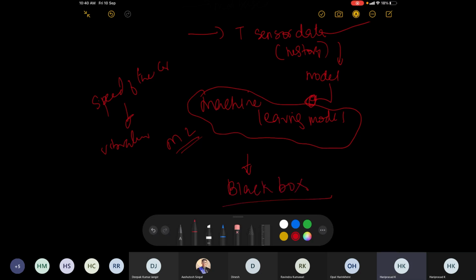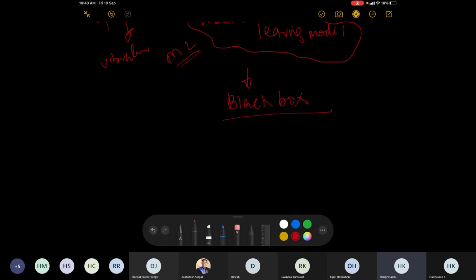What do you mean by that? You are not interested in the physics. Okay, you have a system, fine. Inputs, of course, which is u, and outputs, of course, y, and you don't care about what is happening inside.